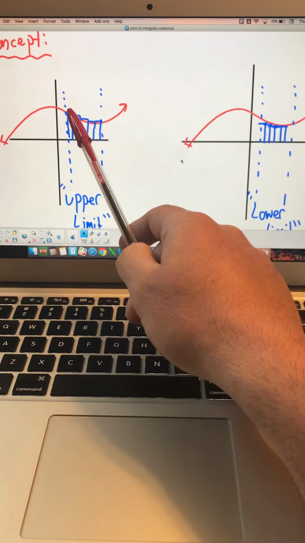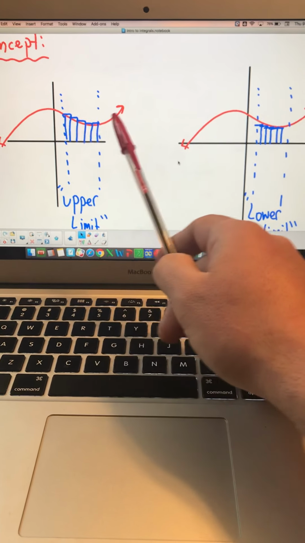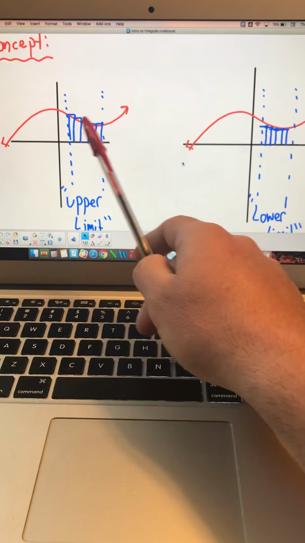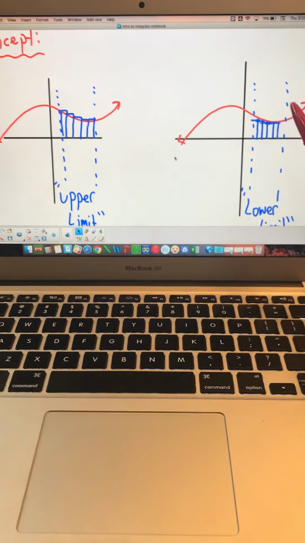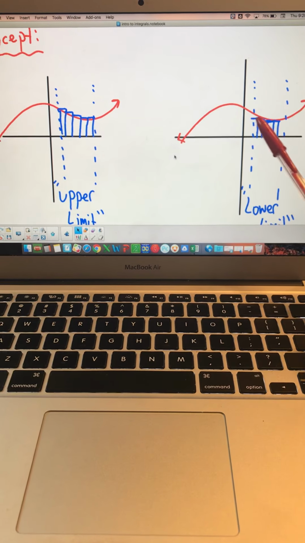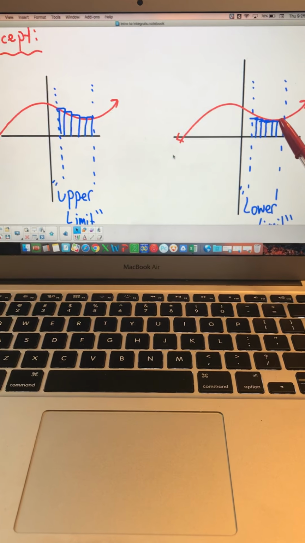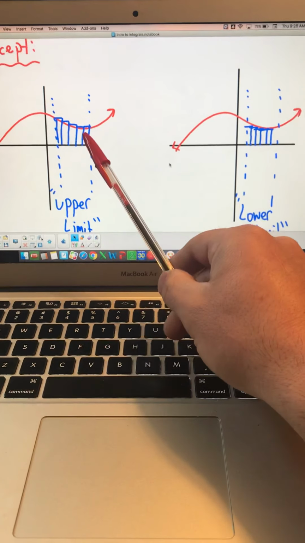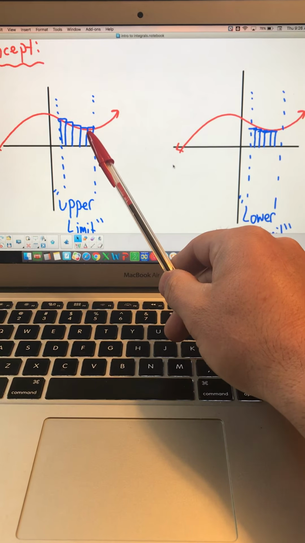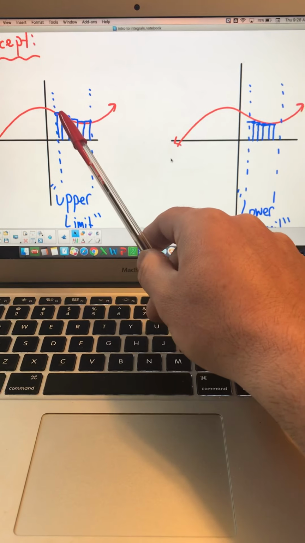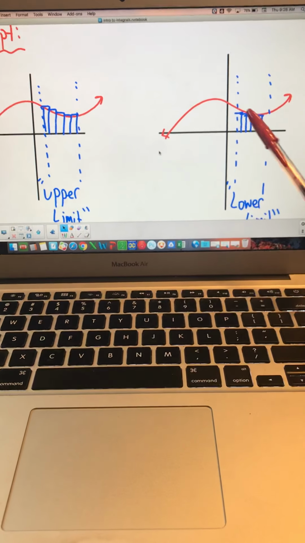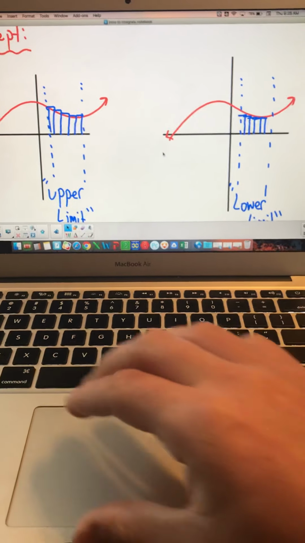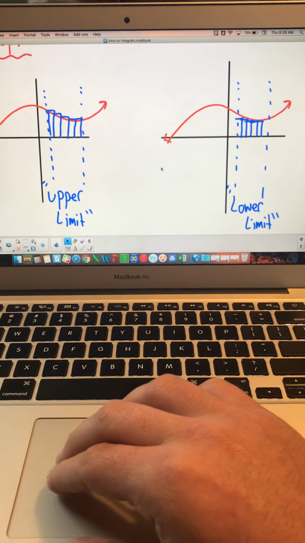If we draw a rectangle, it's either going to go a little bit above the curve, or a little bit below. So they said, if we do the integral with the rectangles going over, and the integral with the rectangles going under, and then we average them, we'll get our limit.